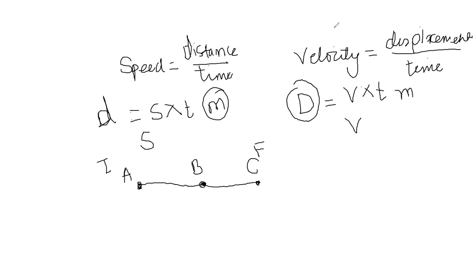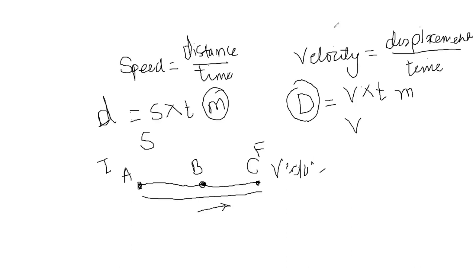So from initial point to final point, the motion of the body in a single direction, that is your displacement. Here it is providing you the motion with a direction. That's why it is a vector quantity.